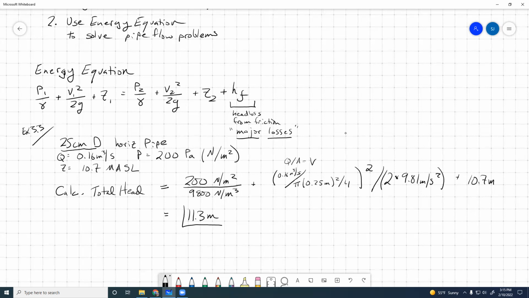We'll note that the biggest energy term here is the elevation term. That trumps everything. I didn't calculate the velocity term individually, but the kinetic energy term is a tiny portion of that, and the pressure energy term is a tiny portion of that.